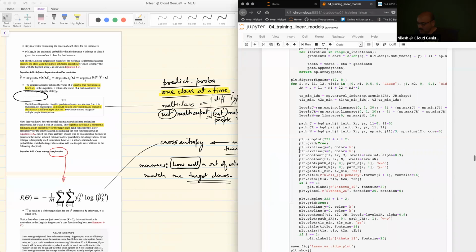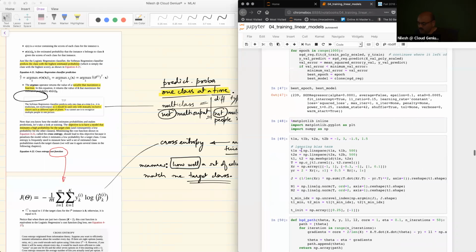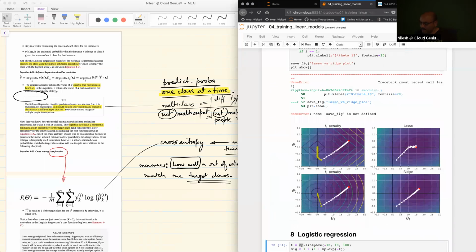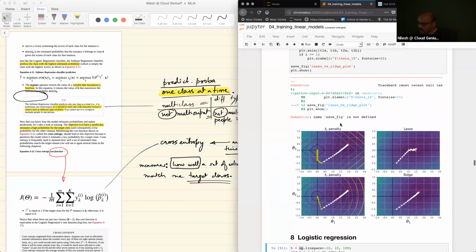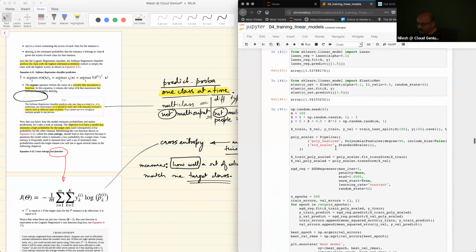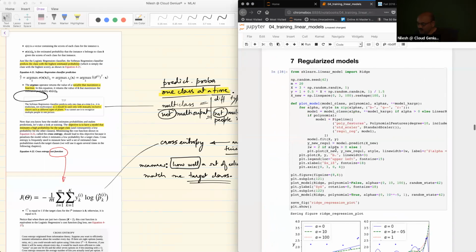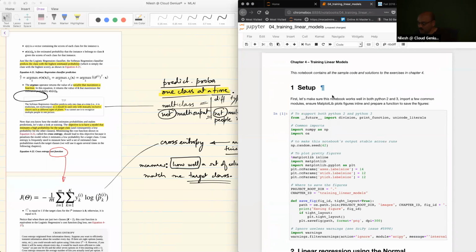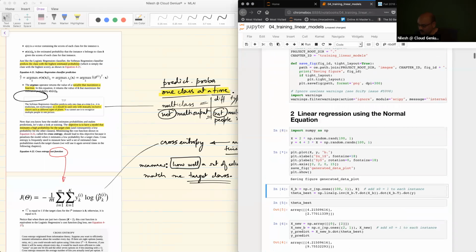We should go up on top. And where is NP? Here, import numpy as NP. That should handle it. Oh man, something else is not defined. That happens when you just suddenly start a notebook in the middle of the game. That's not the idea. I'll go on the top and quickly run through these. This should be fast.